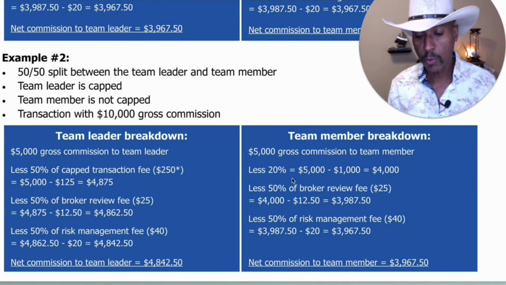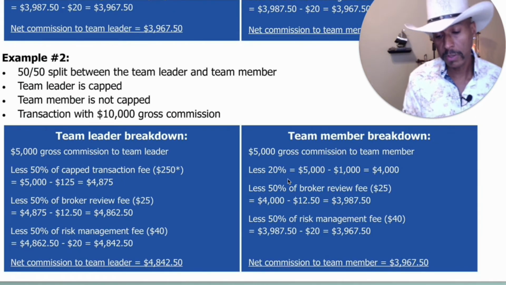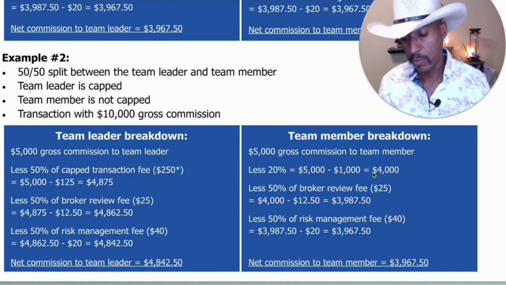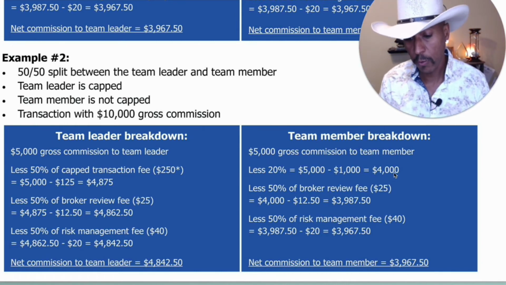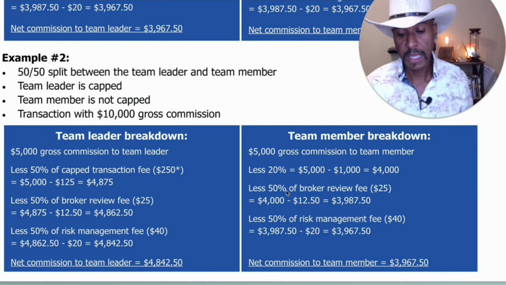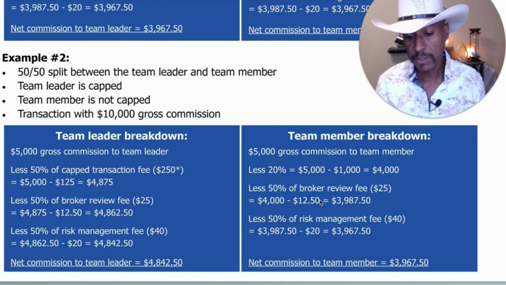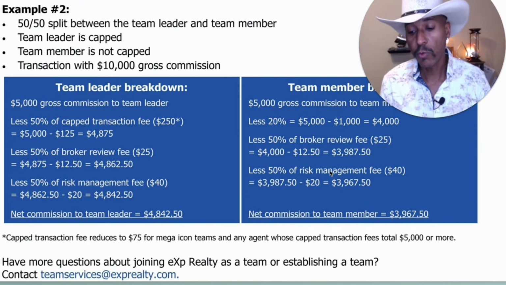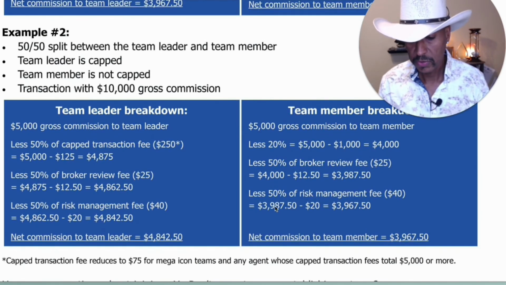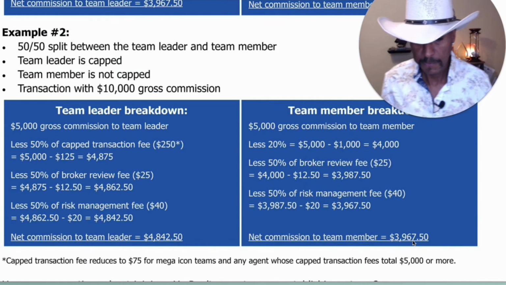Now let's look at the team member. The team member would still be uncapped, so they're at 20%. So their gross would start at $5,000 and go to $4,000, and then they'd be at 50% of the broker review fee, $12.50, 50% of risk management fee, $40, and that's minus 20, and then they would be at $3,967.50, okay?